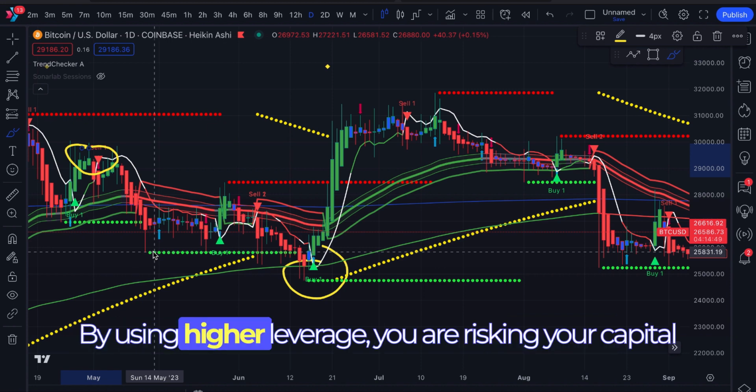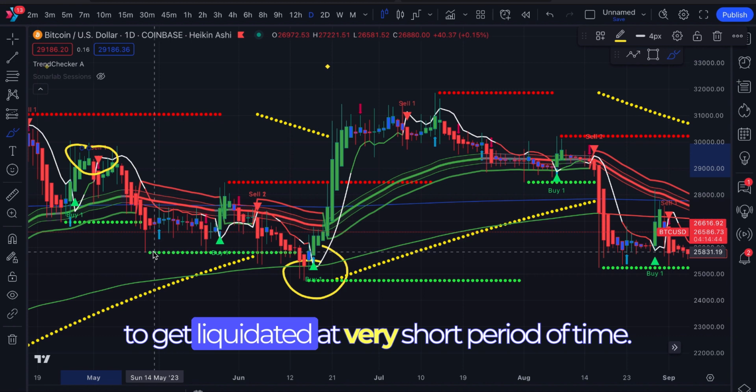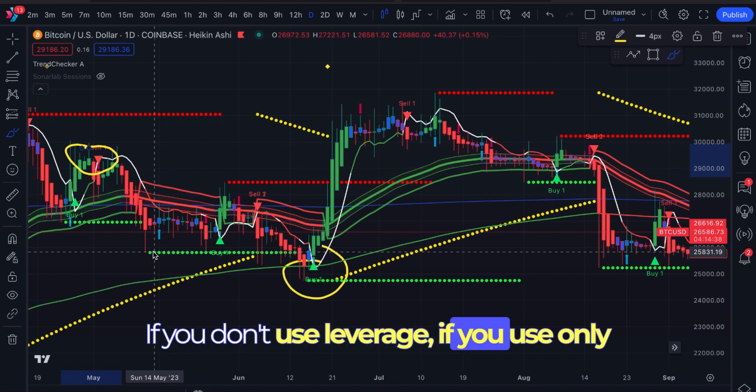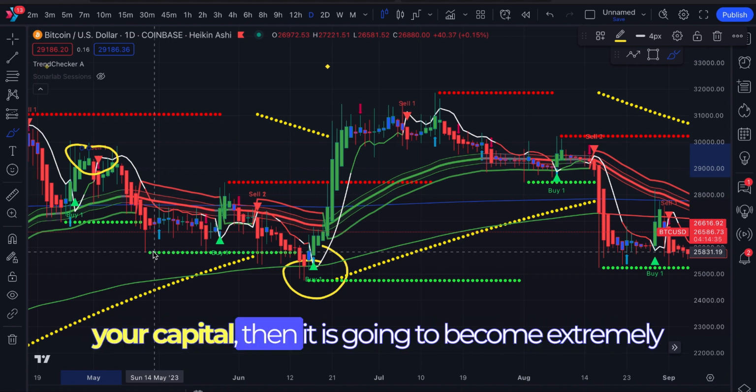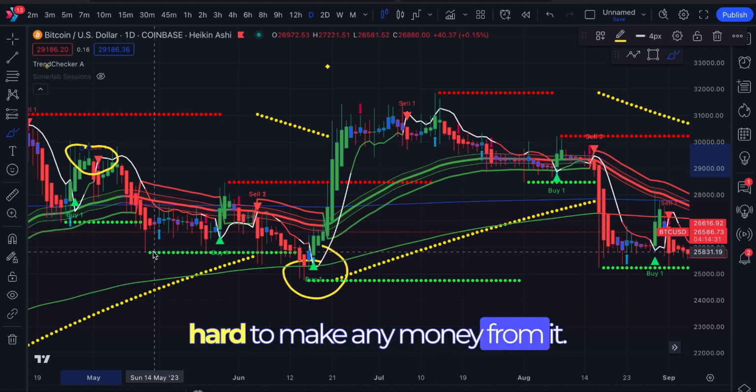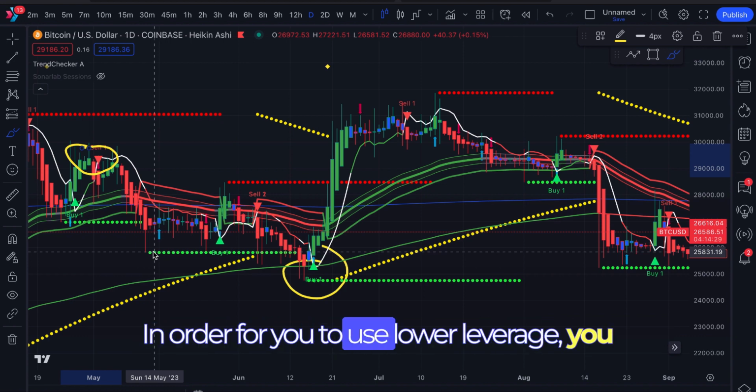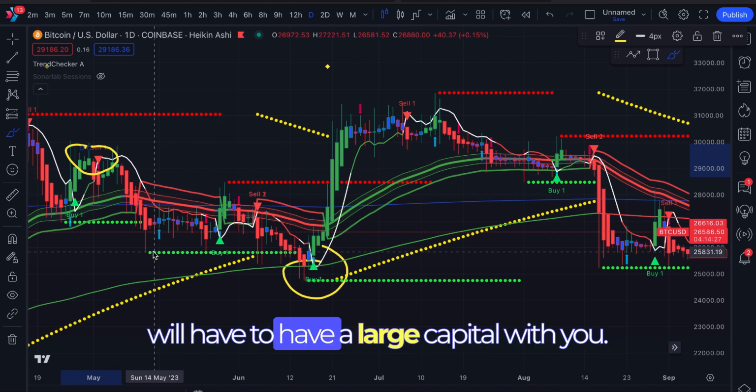By using higher leverage, you are risking your capital getting liquidated in a very short period of time. If you don't use leverage and use only your capital, it becomes extremely hard to make any money from it. In order to use lower leverage, you will have to have a large capital with you.